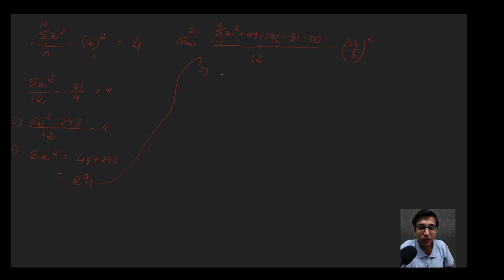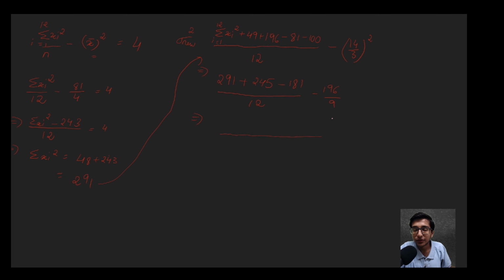So now we can replace this value here in this equation and get the value of our new variance. So let us do that. 291 plus, this would become 245 minus 181 upon 12 minus 196 by 9. Furthermore, we can write this down as, let's take the LCM.